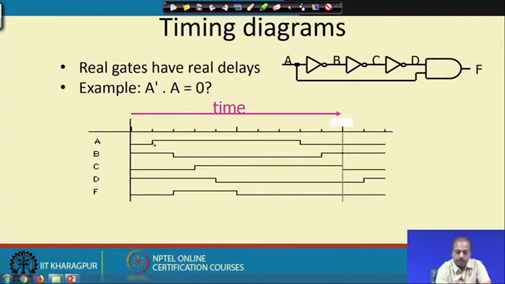When A has become 1, after some time F becomes 1. It remains high for this much time, and then D becomes low at this point. After a gate delay, F comes down. So we were expecting a constant 0 at the output F, but what you see is that in between F has become 1. This is called the hazard, which we will see in more detail in successive slides.